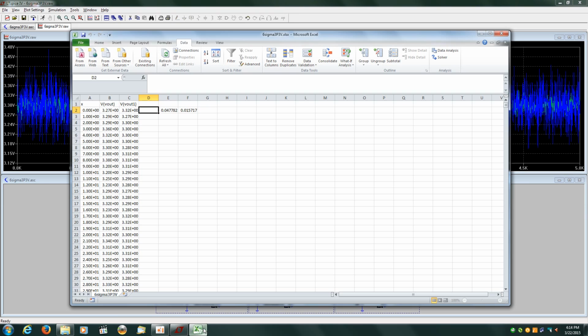So when I did that and opened that and saved it as an Excel file, I ended up with a standard deviation for the 1% resistors and a standard deviation for the 0.1% resistors.